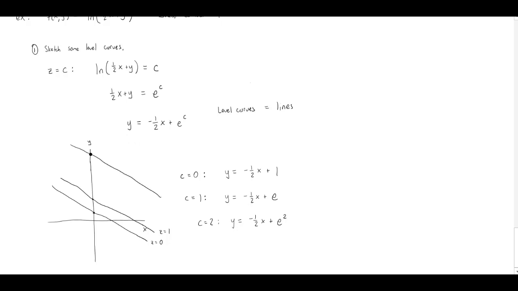Alright, and so then at this point I'm going to stop for a moment. The idea is if we were to draw a bunch more level curves, you can try to get an idea as to what the graph of our function looks like.